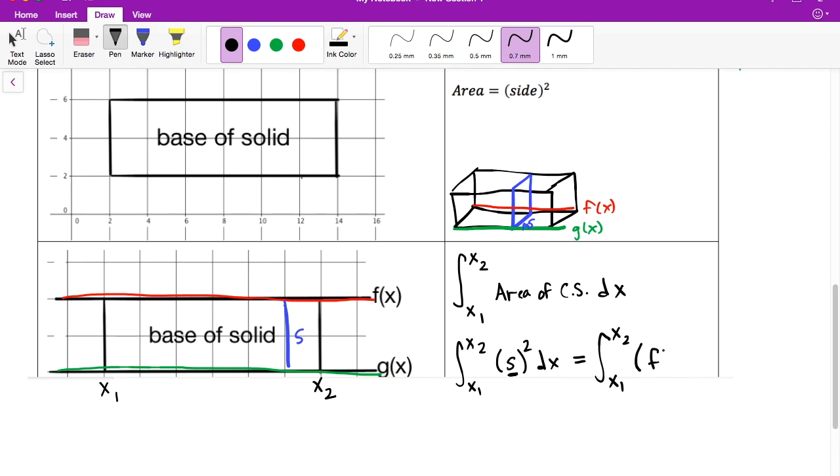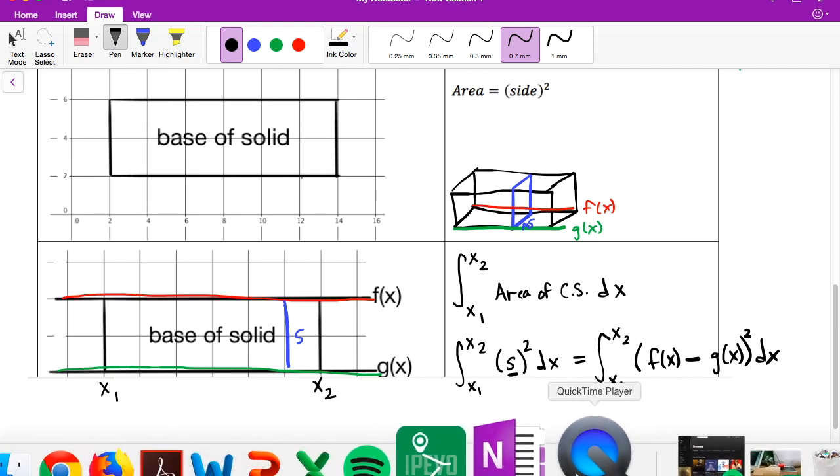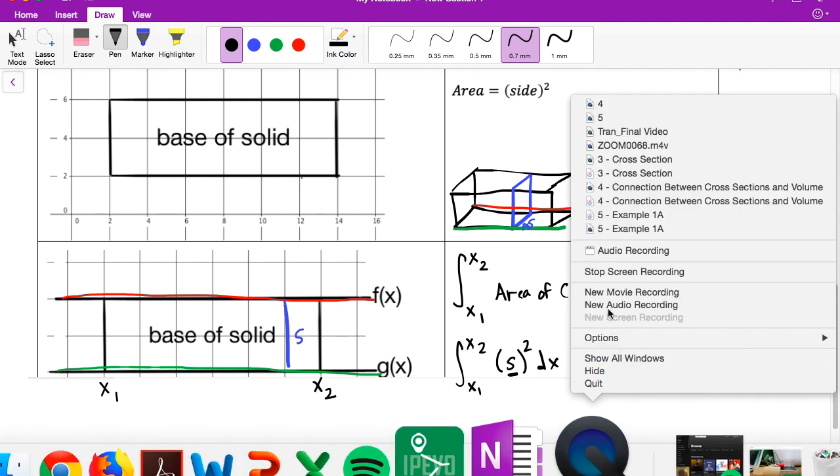So the integral can be updated to the integral of f minus g, squared, dx. This difference represents the length of the side of the square cross section. So you can use this for any problem where you have a square cross section and f of x is the top function and g of x is the bottom function.